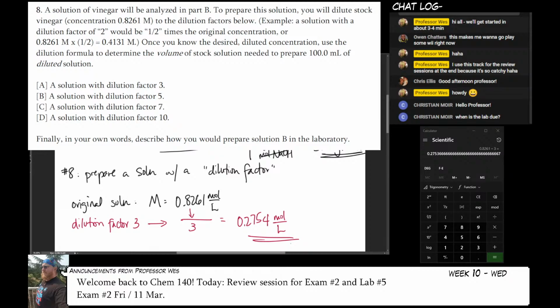So if your goal was to make a dilution factor 3 solution, you would take the original concentration and divide by 3. Now, if I gave you a 5, then you'd just replace this with a 5 and you'd get a new number. We're not going to do that because you're going to do that for your example or in the lab itself.